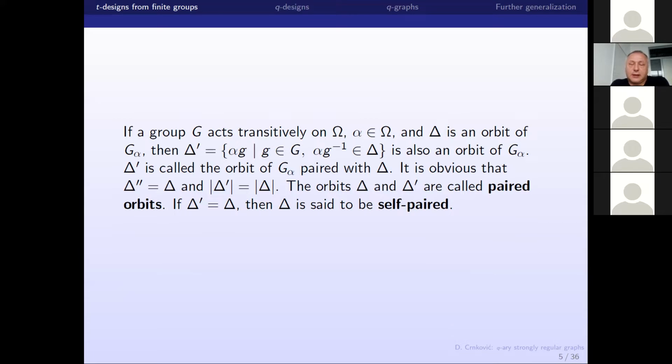In that case, it is known that we also get an orbit of the stabilizer. These two orbits, delta and delta prime, are called paired orbits. And if it is possible that delta is equal to delta prime, in that case we call that orbit of the stabilizer self-paired.